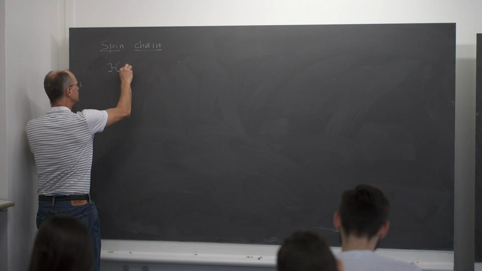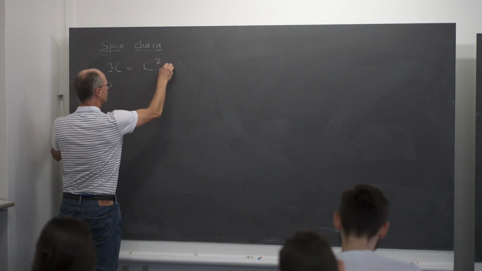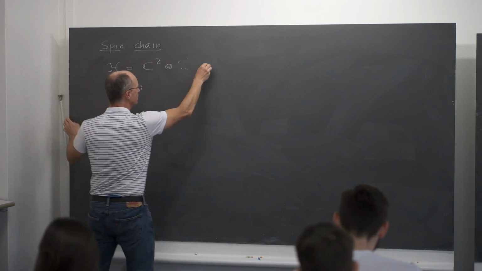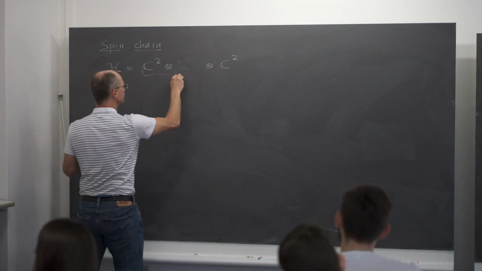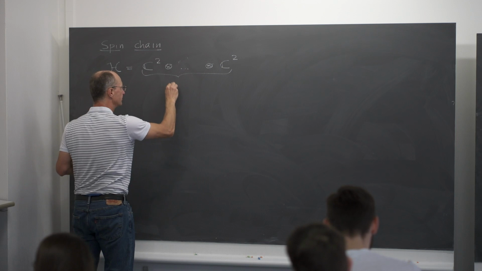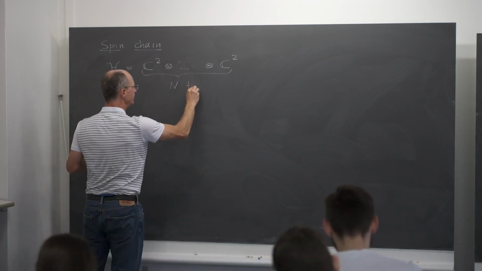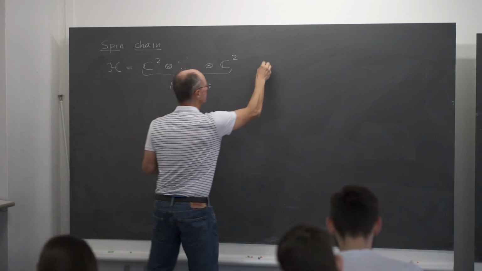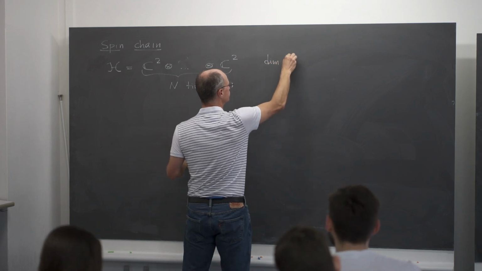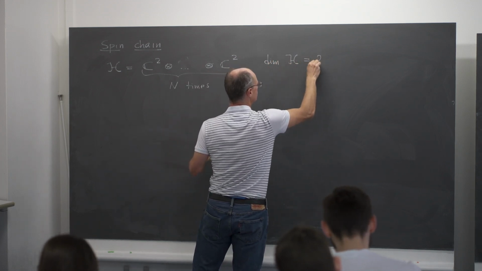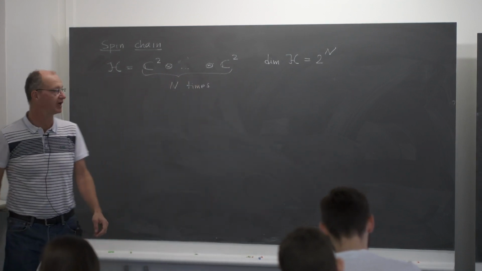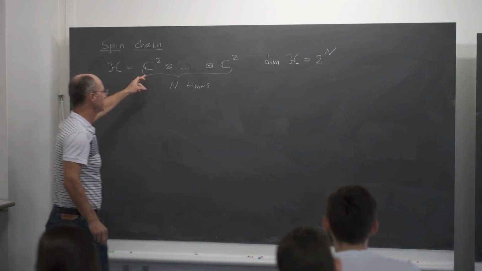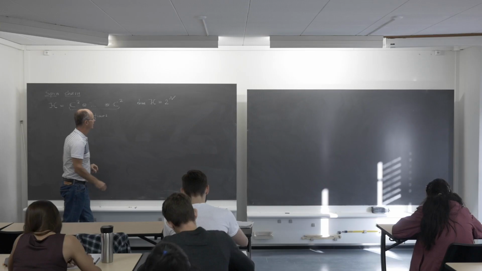First of all, now the Hilbert space is finite dimensional, but this dimension can be pretty high. The dimension of H is 2 to the power n, where n is the number of sites of the chain.